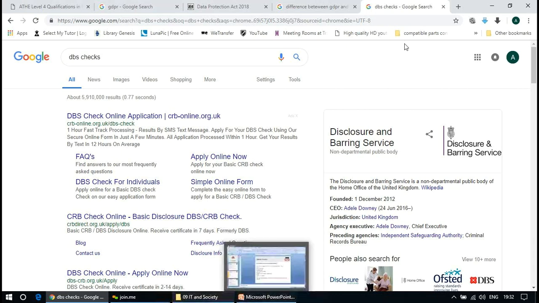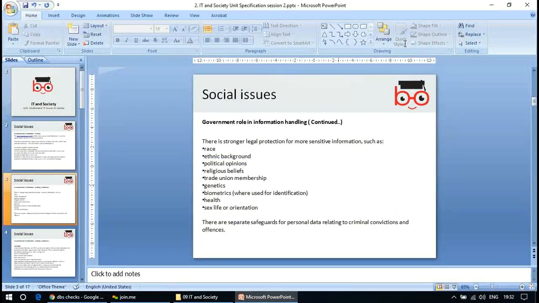It is a kind of enhanced check. So they safeguard against anything, and these things are basically government controlled, and the government needs to control information of personnel for these purposes.